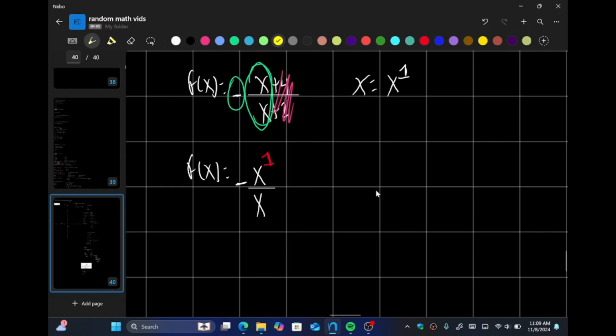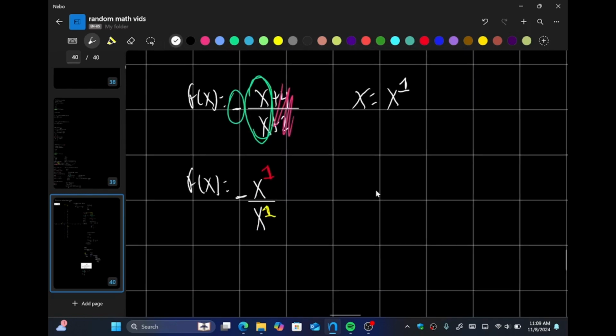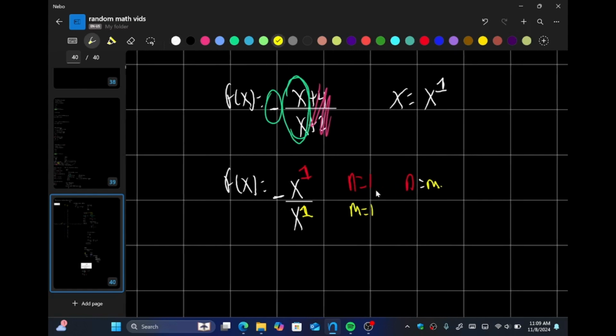So we know that the degree of the top, n, equals m. So n equals 1, m equals 1. In this case, n equals m. I know I'm doing a lot of writing, guys. I want to make sure we understand this in very clear ways.